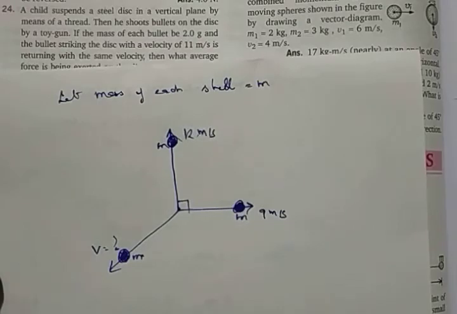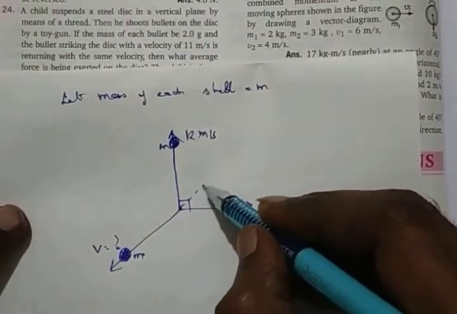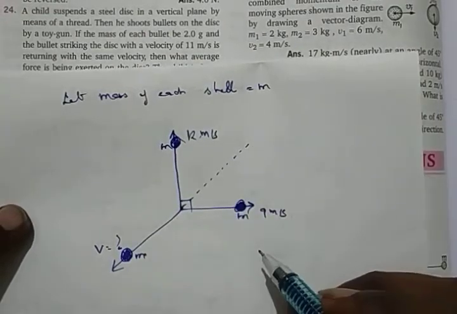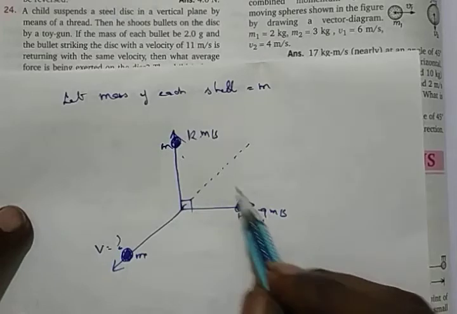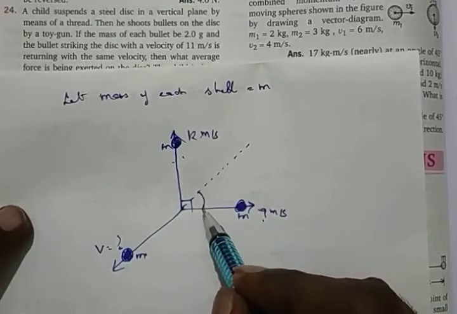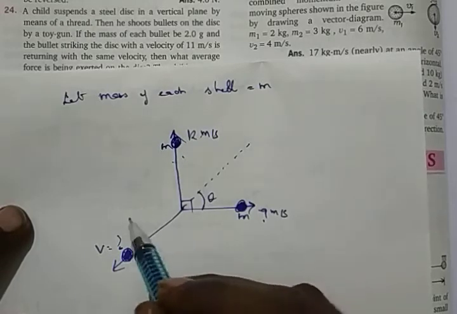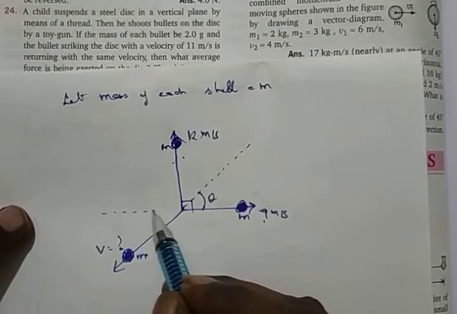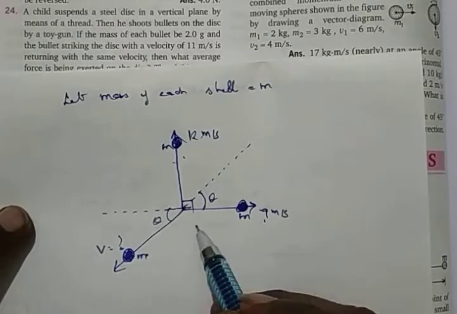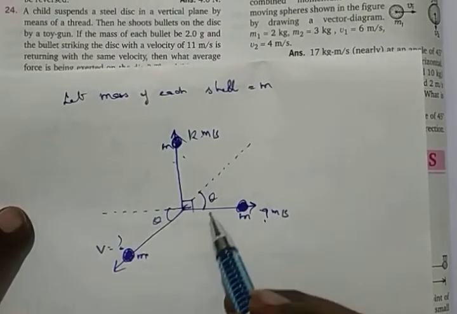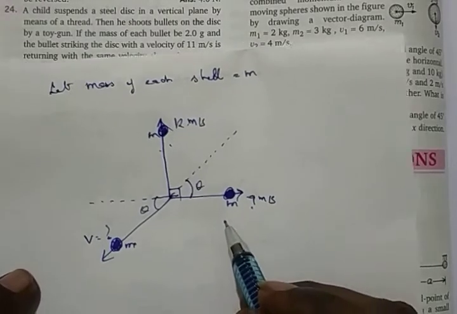Before going to the velocity, it is better to find what angle this will make. 9 meter per second and 12 meter per second make an angle theta here. This also will be angle theta because they are vertically opposite angles.